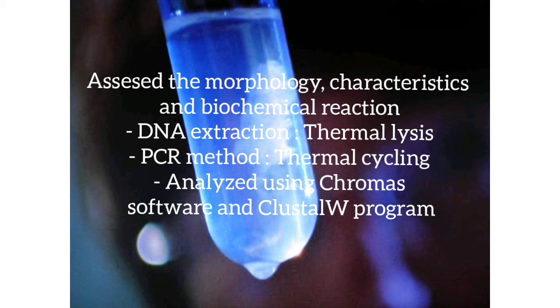PCR stands for polymerase chain reaction, and this is a technique to make many copies of a specific DNA region. It basically relies on thermocycling, which is exposing the reaction to repeated cycles of heating and cooling.